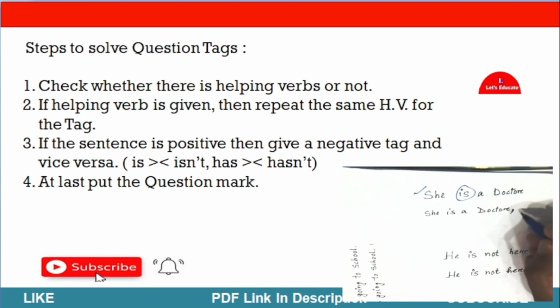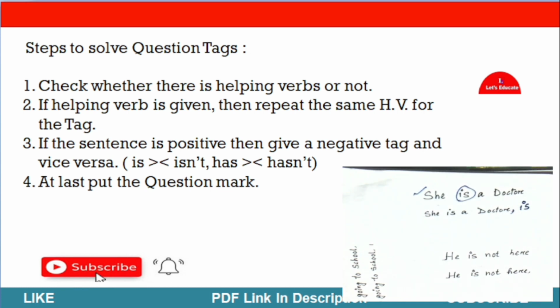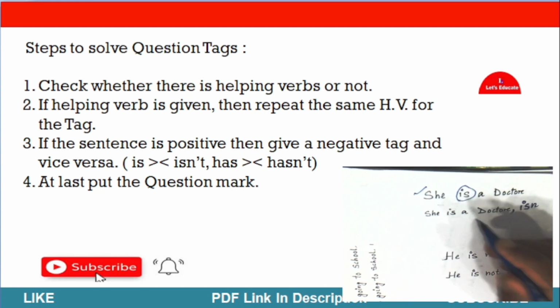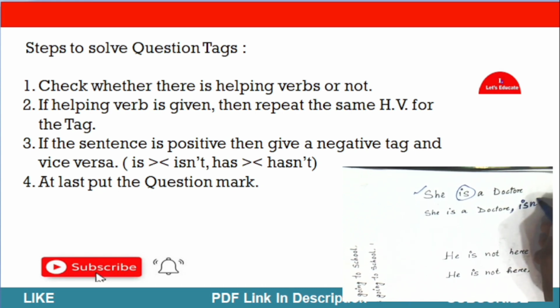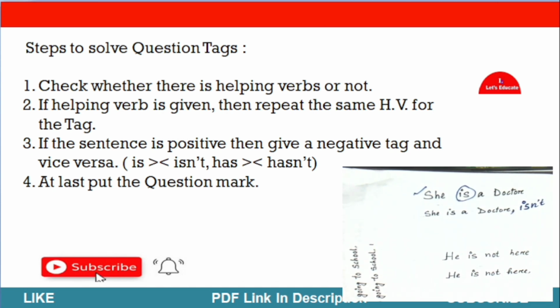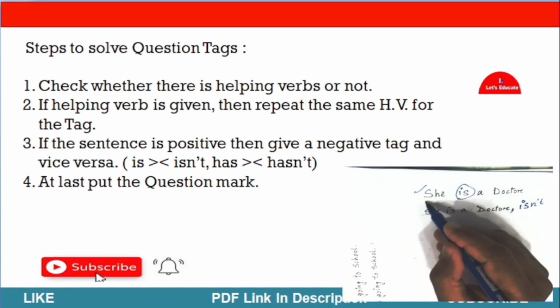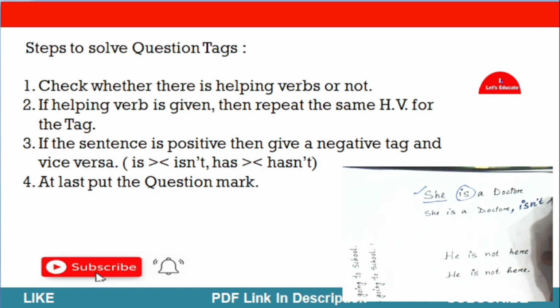Then number 3 point says that if the sentence is positive, then give a negative tag and vice versa. Okay, the sentence is positive here, and that is why we will be putting one negative. The negative of is is isn't. Okay. Then at last the subject will be repeated here, she. Question mark, your job is finished, you will be getting 1 mark again.